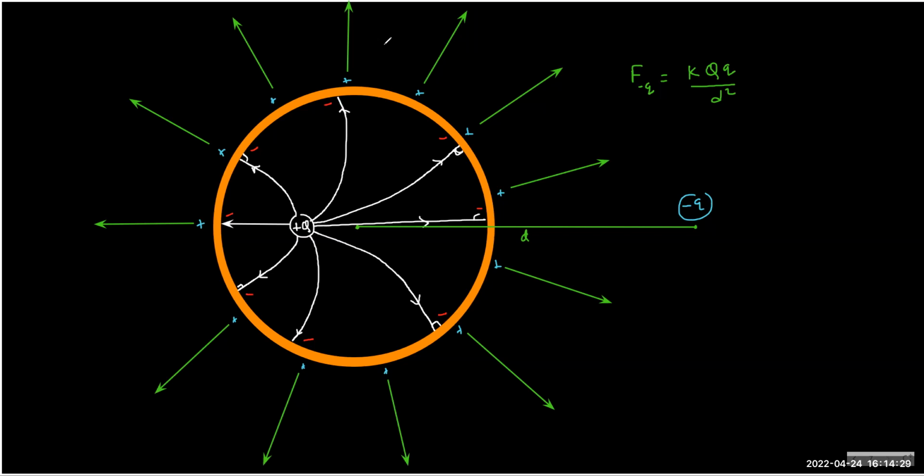So that is like a free charge. I mean, they are free to move on the surface. They are of course bounded to the surface, but bounded means they cannot leave the surface. They are free to move over the surface, or you can think of it like the electrons will distribute on the outer surface in such a way that the even distribution will lead to the spherical plus charge distribution.